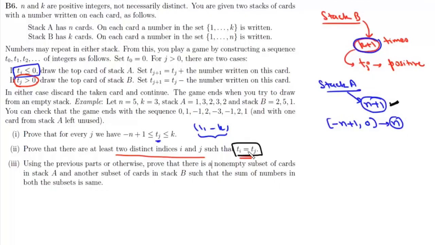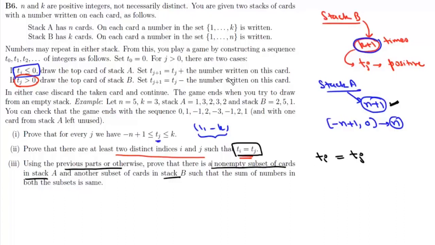And the third part says, using the previous parts or otherwise, prove that there is a non-empty subset of cards in stack A and another subset of cards in stack B such that the sum of numbers in both the subsets is the same. Now in part B, we have already proved that there are two different indices i and j such that ti equals tj.